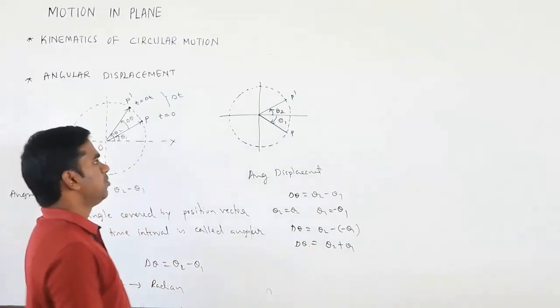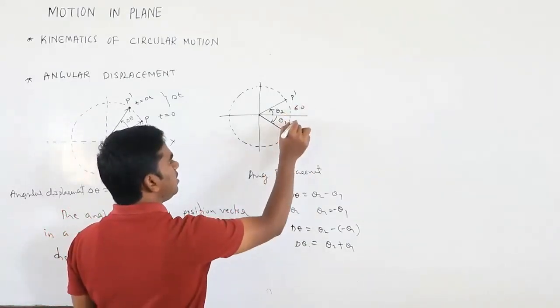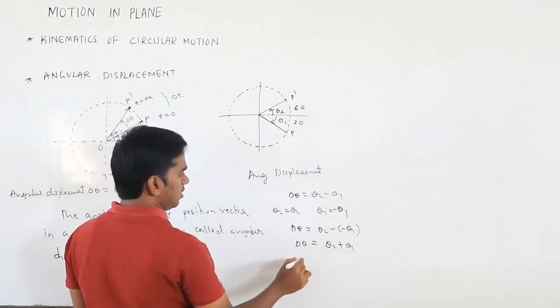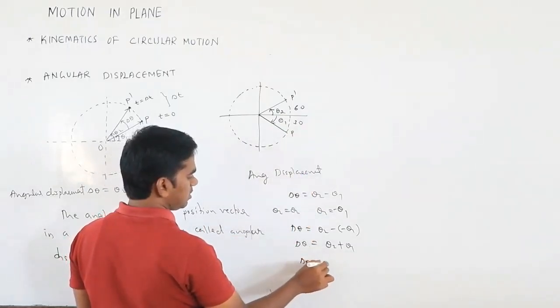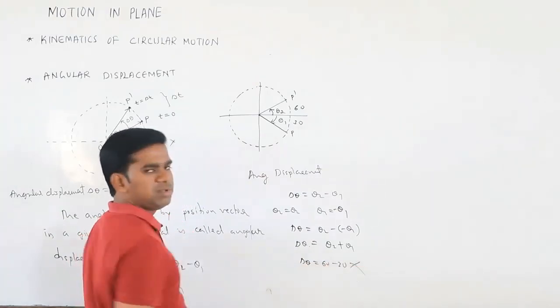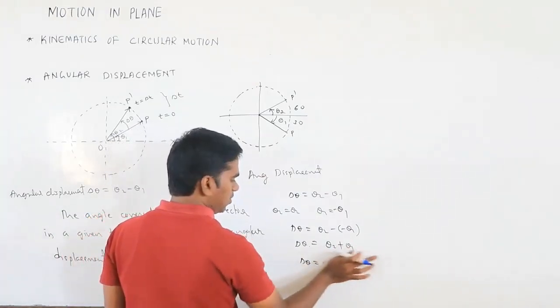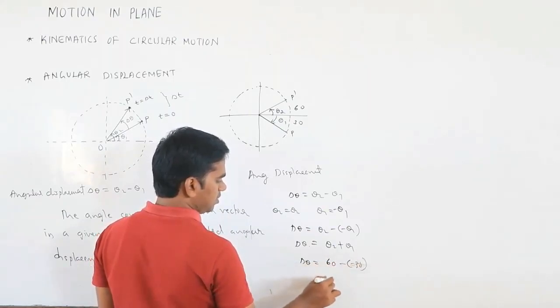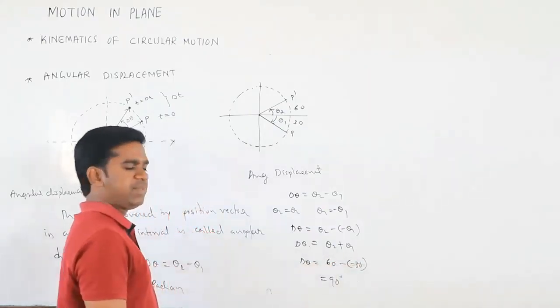Suppose this side it is 60 degrees and this side it is 30 degrees. Don't take it as 60 minus 30; that is going to be wrong. You have to do 60 minus of minus 30, which becomes 90 degrees.